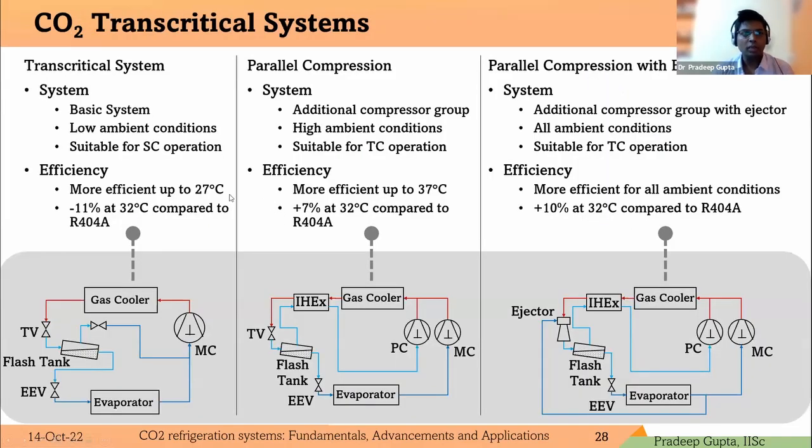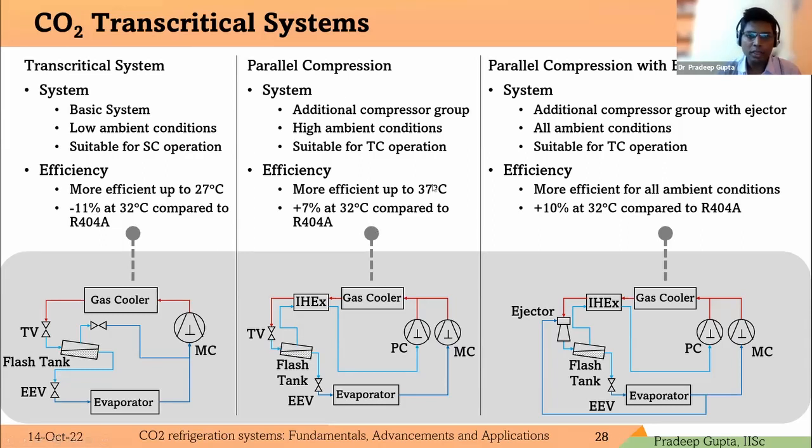Now, this is a comparison of the transcritical basic system, the parallel system, and the parallel system with an ejector. The transcritical system is more efficient till 27 degrees; if the ambient goes up, it is lower compared to R404A, around -11%.